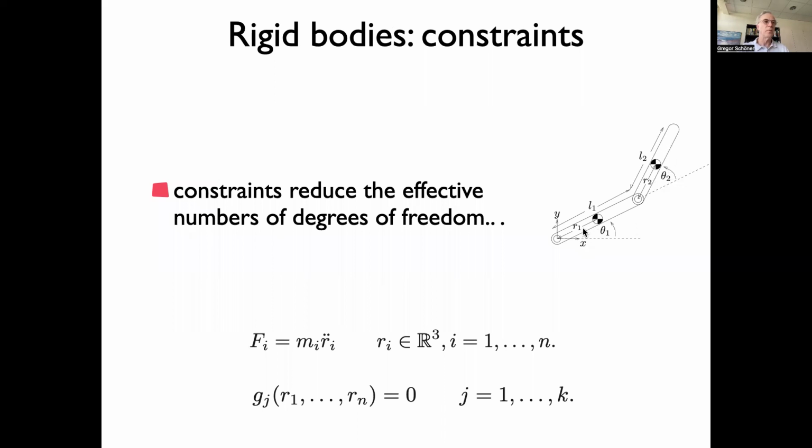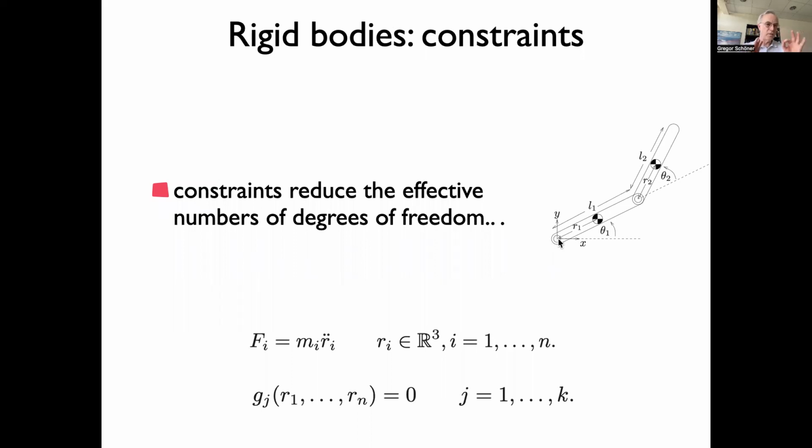This first segment is supposed to be also mounted on the ground on some base through a prismatic joint. So it also only rotates around this axis. This is like an axis that goes through the visual plane that you're seeing. And so the degrees of freedom are radically reduced, because now you can only rotate this segment around that axis.